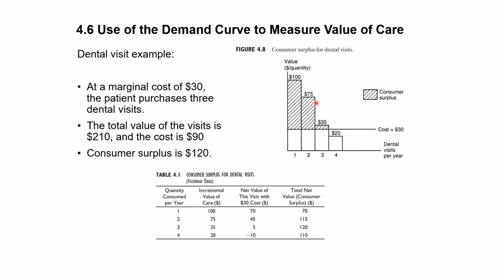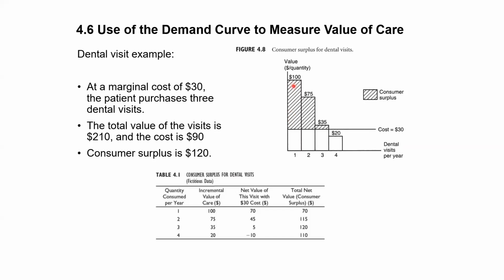this figure, where suppose that you visit the dentist each year. So the first visit will create a value. Let's say, for instance, that the visit gives you a total of $100 in value. It's because, for instance, you have better looking teeth, you reduce the possibility of having cavities, etc. So you can quantify that value as about $100.